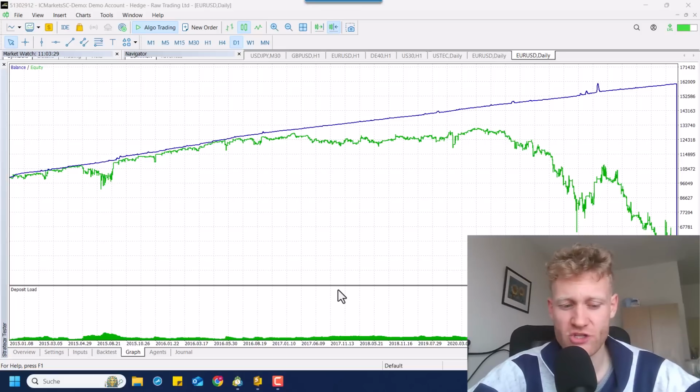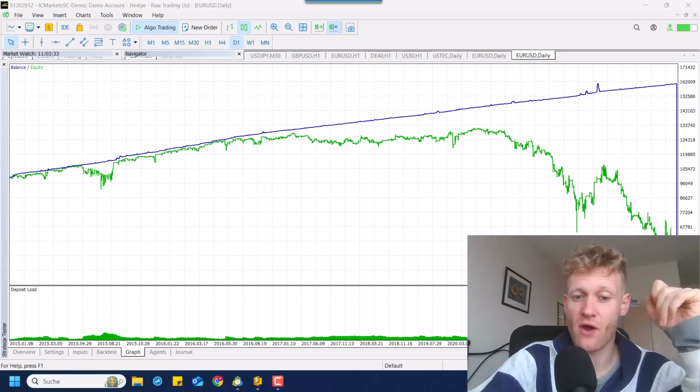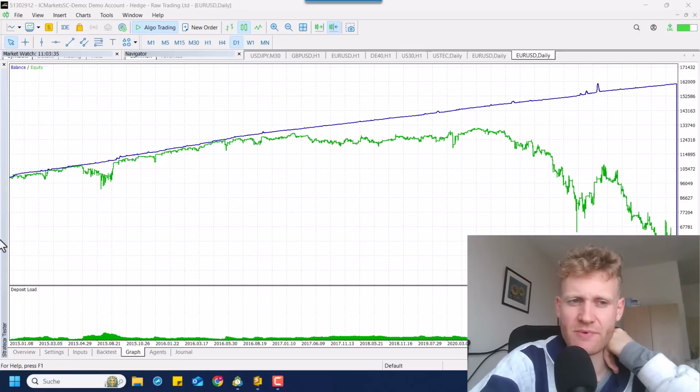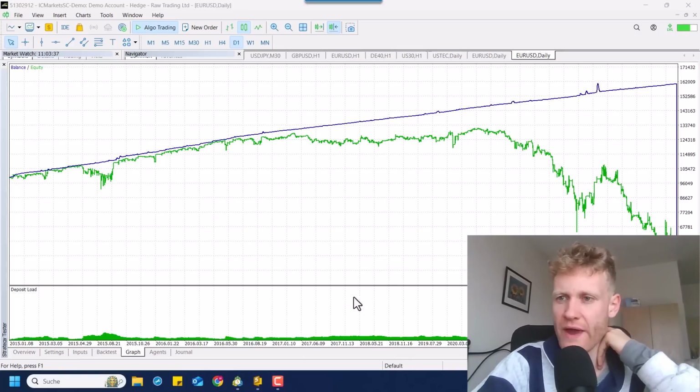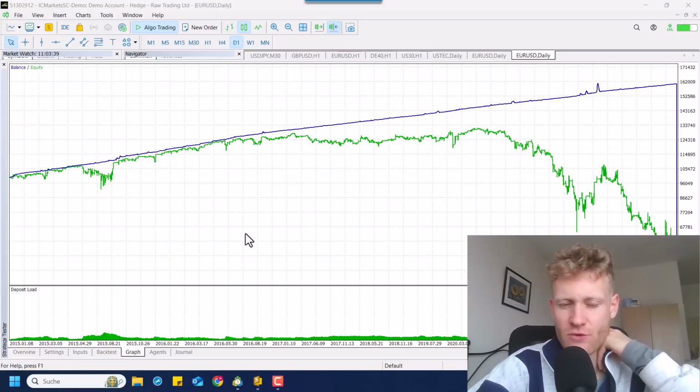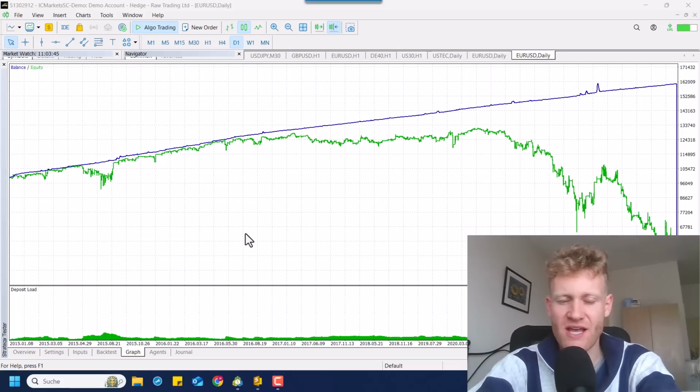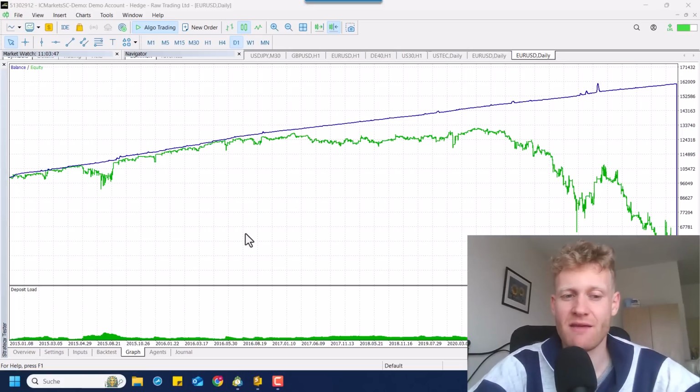So with these strategies, if I would play around with this and change the settings a bit, I'm pretty sure I could create a bunch of good testing results. Because as I said before, I don't think the strategy is BS or something. You can definitely make money with this. If you're lucky, you can also make a lot of money. But if you're unlucky, you can lose everything.